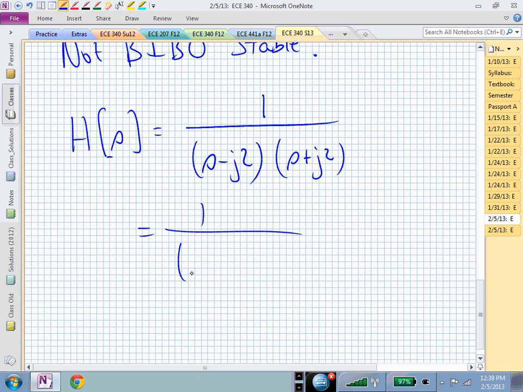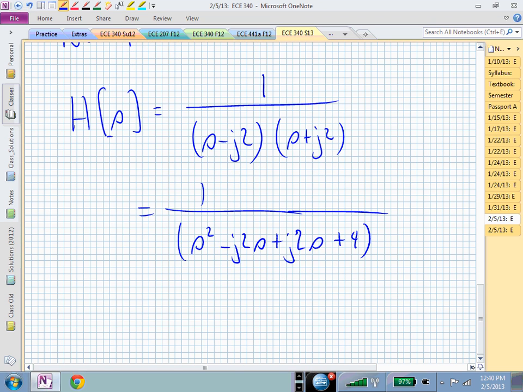then we end up with an s squared plus, well, maybe I'll do FOIL since I've got it all here. I have minus j2s plus j2s, and there it goes away. We have minus j squared, j squared is minus 1, times 2 squared, so we're left with 4.